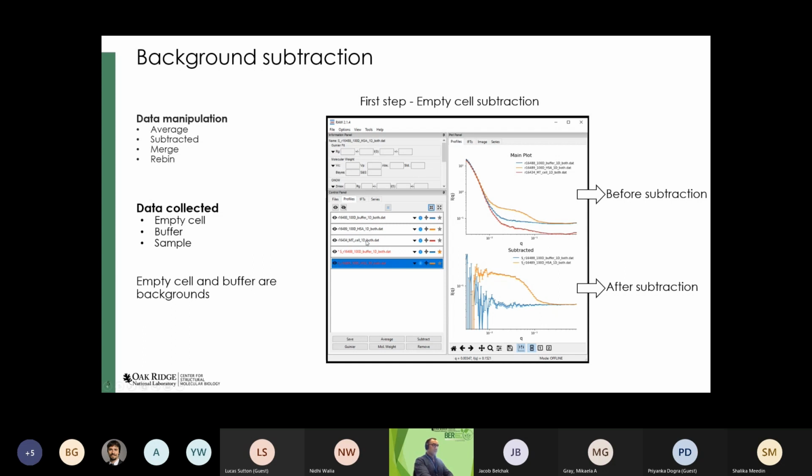So here we can load in RAW. This is the RAW interface, by the way. When you load this in RAW, we have the ability to do background subtraction of both buffer and empty cell, in this case subtracting against the empty cell, which is my third item here on my list.